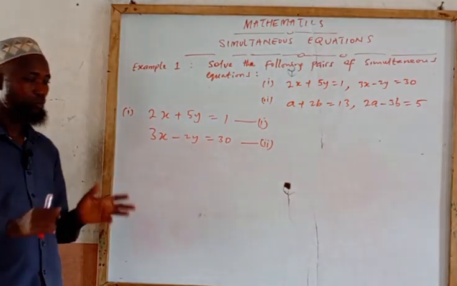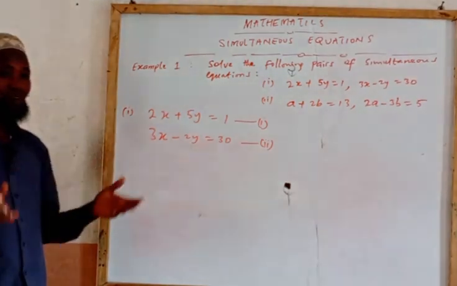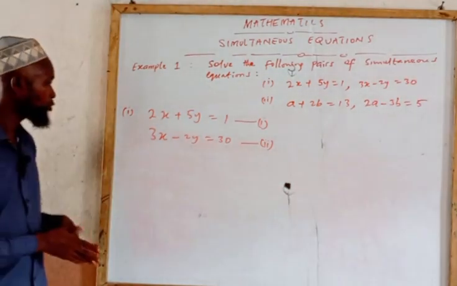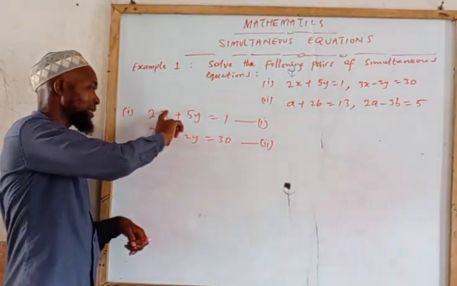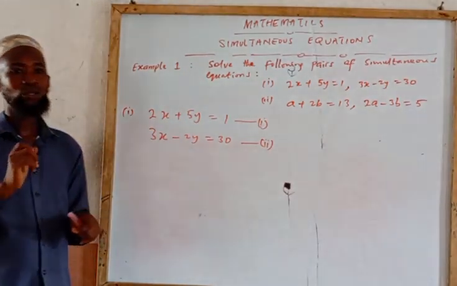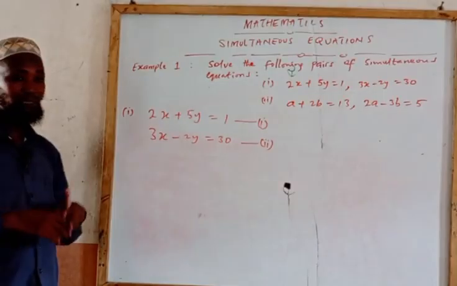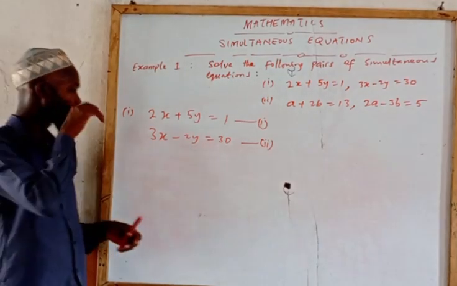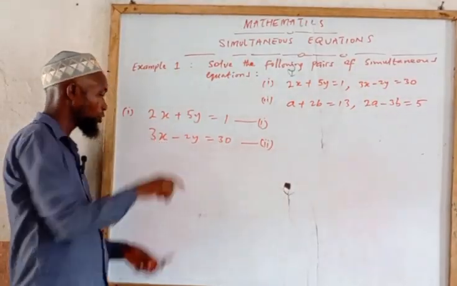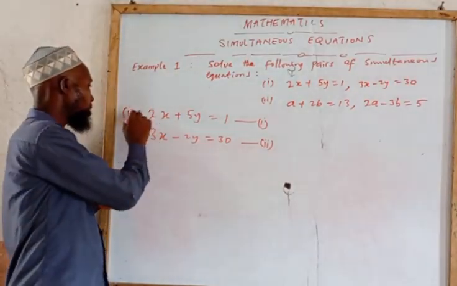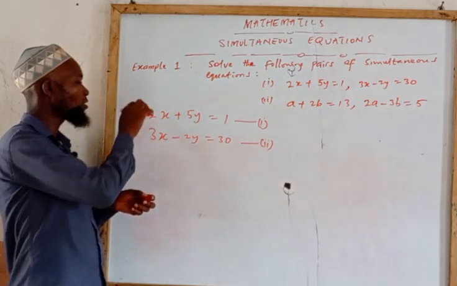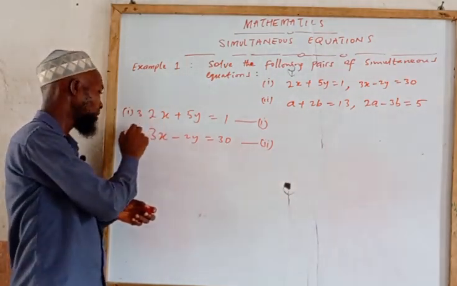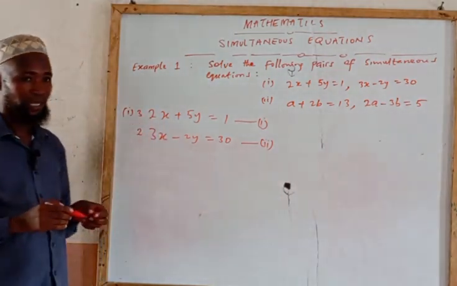So it is very simple. What I will just do in that case, since all I am interested in is to make sure the 2x I have here contains the same coefficient. So in order to make it balance, what I will do is coefficient of x in equation 2, I will move it upward. And coefficient of x in equation 1, I will move it downward like this.